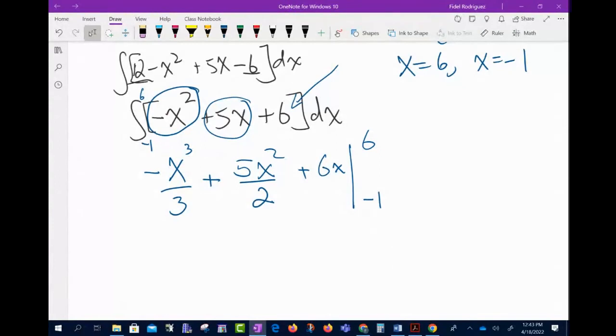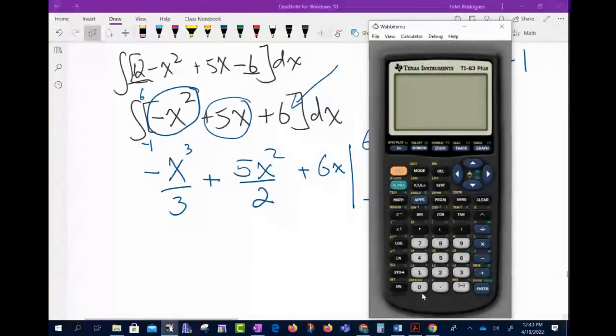Okay, so y'all, if I was doing this problem here, probably my suggestion would be come back, turn this guy on, let me go to my y equals, and let me do a negative. Let's do it like this.